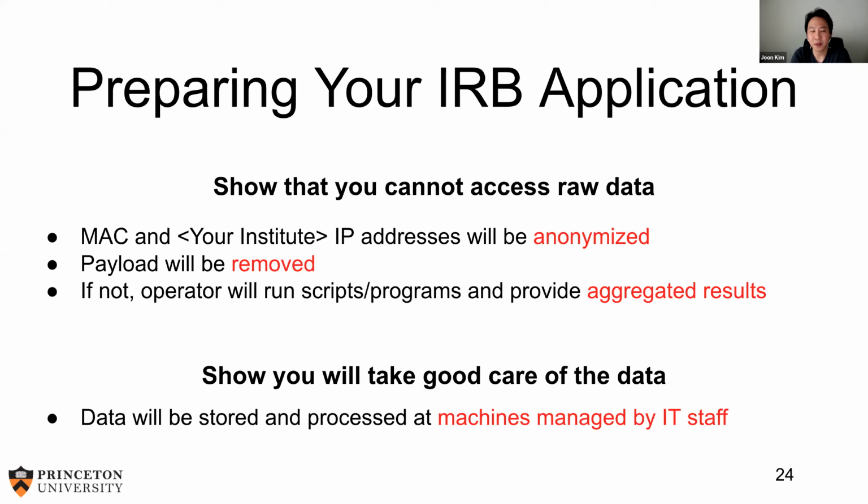You probably don't want to anonymize non-institute IP addresses because sometimes the destination is important, right? But you have to make sure you anonymize your institute's IP addresses. Payload will be removed. If not, you will ask the operator to run some scripts and programs for you and provide aggregated results. So having these kinds of statements in your application is very important.